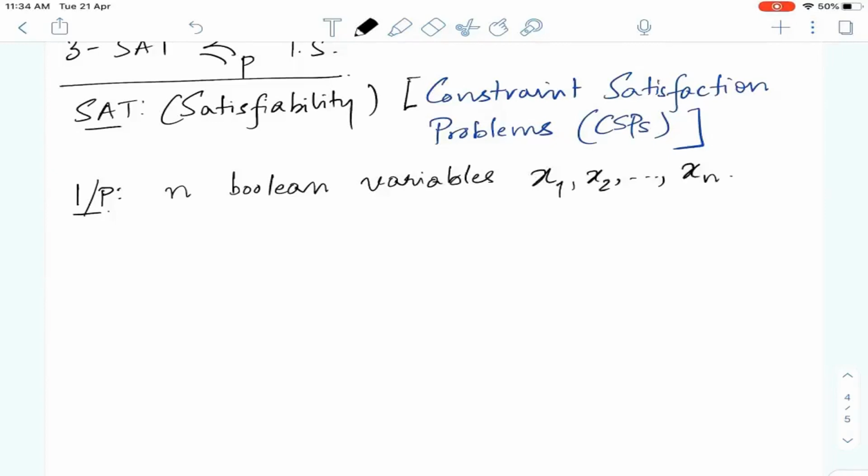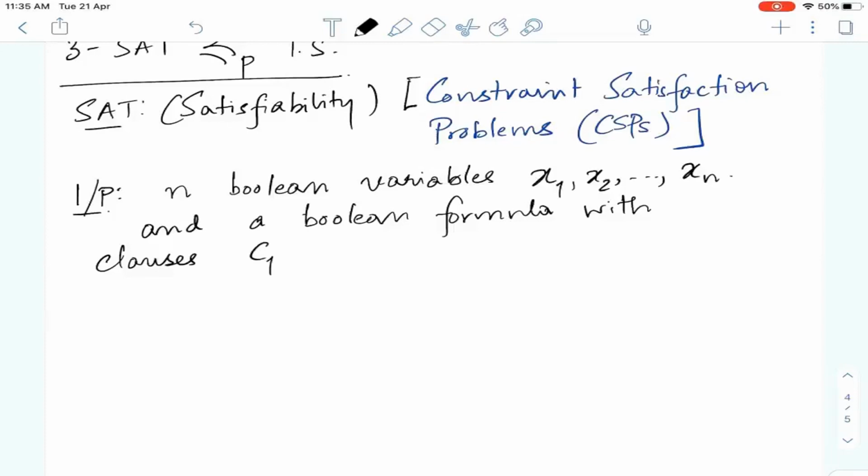They can take values either 0 or 1, and a Boolean formula with clauses C1, C2 up to Ck.